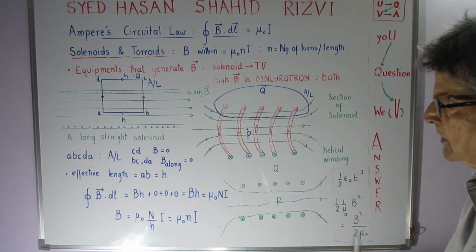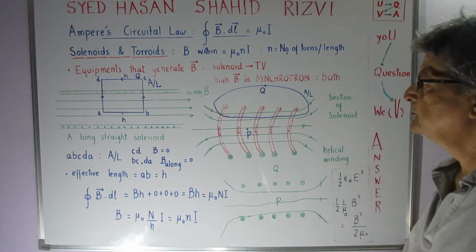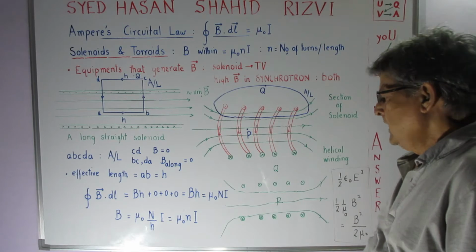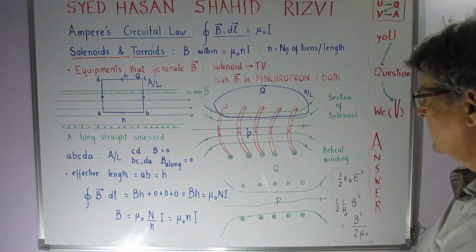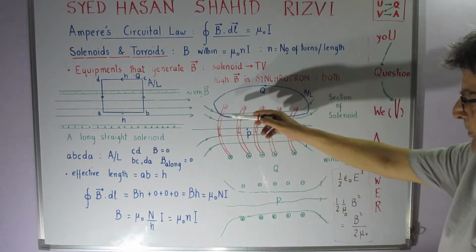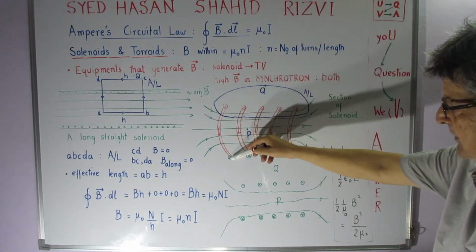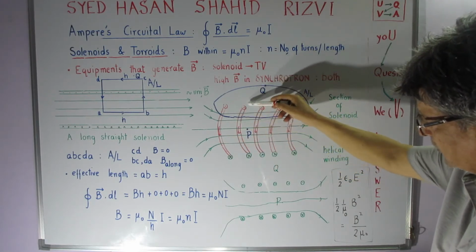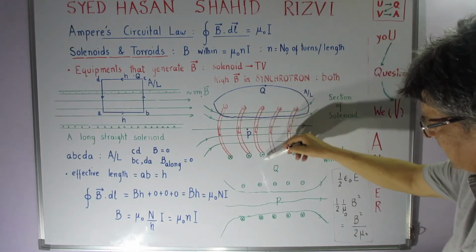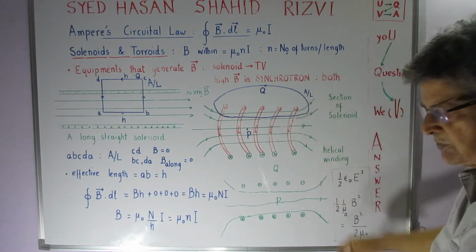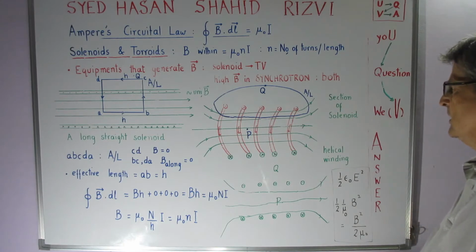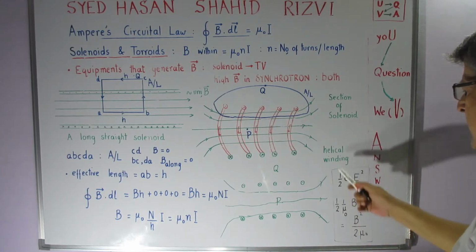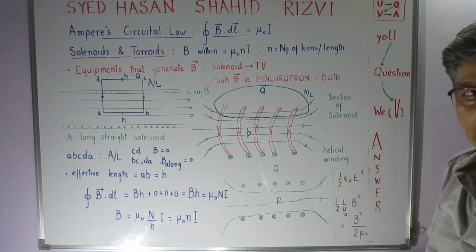Of course, it is a hollow cylinder, and we find that if the current comes like this, then the other side goes like this, and comes back and comes back and comes back. So there is a helical kind of a winding which occurs.